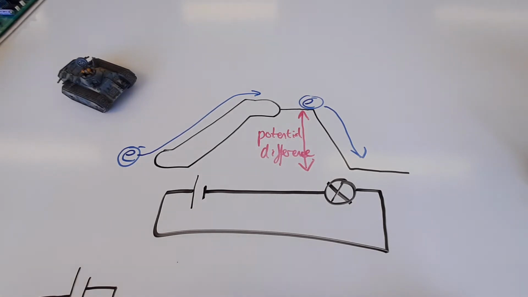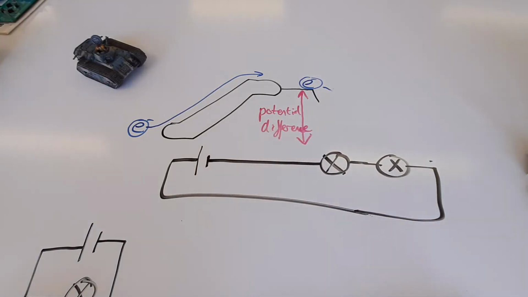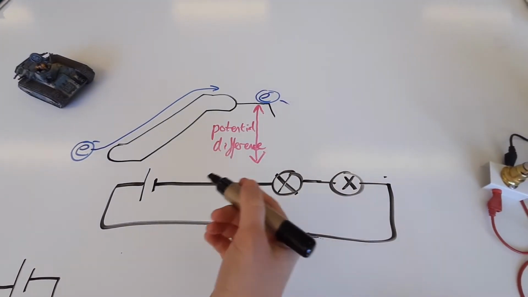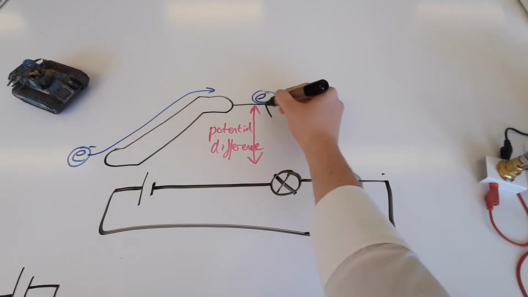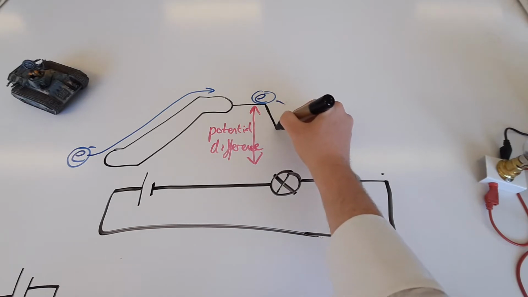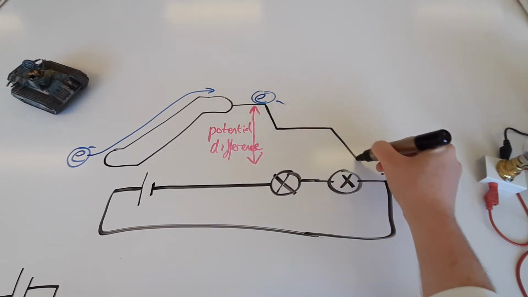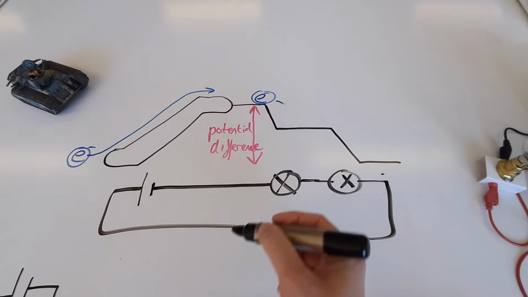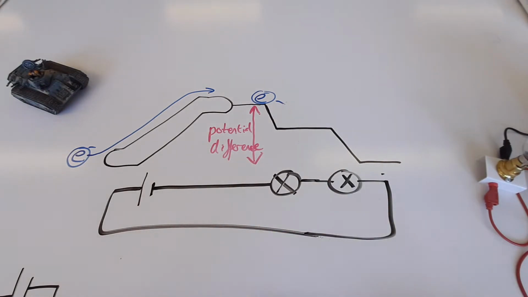Now, if we start adding more components on there, bear with me while I redraw this one. There we go. If we add more components on there, the electron drops down a little bit, and then drops down some more, so that the potential difference is shared across all of them.